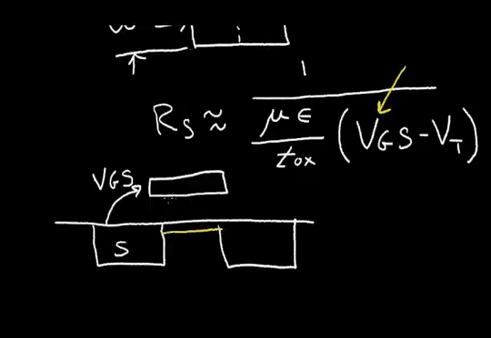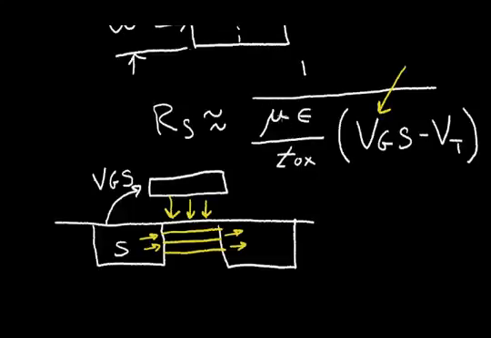So as we apply a stronger electric field and a higher gate to source voltage, we drive this channel region down. And that causes the sheet resistance to become lower because there's a greater path here for the current to flow as this channel is driven down.